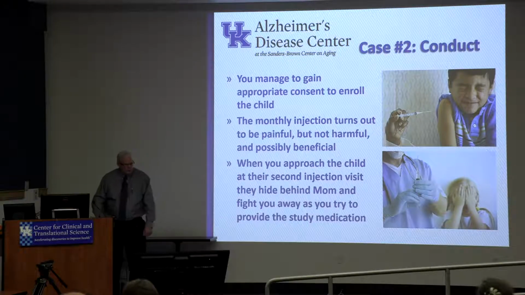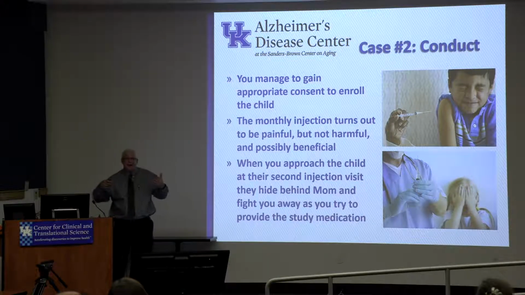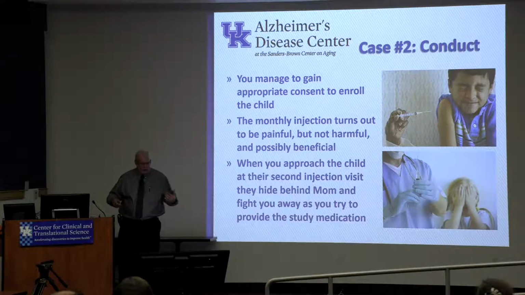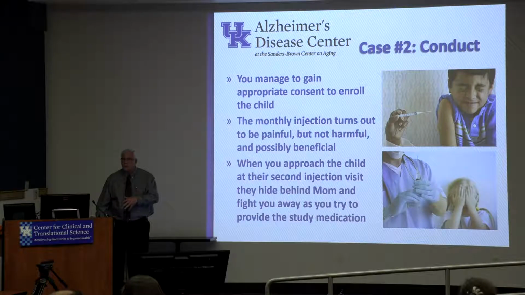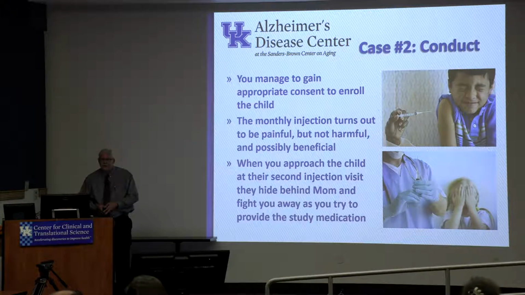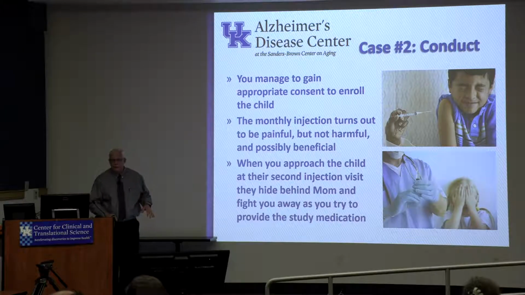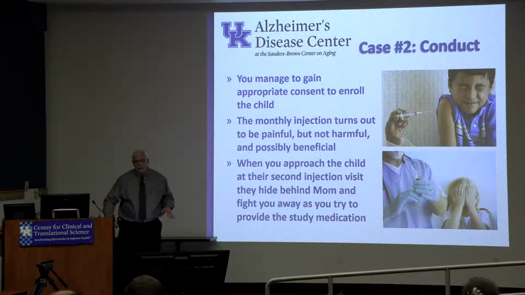So case number 2, you gain all appropriate consent to enroll the child. Everything looks good. They need a monthly injection. Turns out to be painful, but not harmful, possibly beneficial. So the child comes in on their second visit, even though they've got some developmental delay, boy, they remember you.